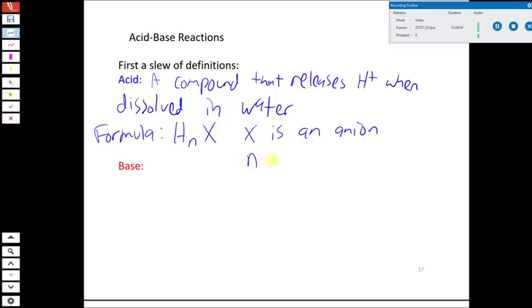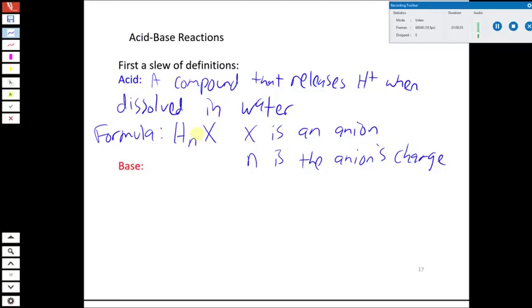And then n here is the anion's charge. So the acid is going to have however many hydrogens it needs to balance the charge of the anion. If it's a 1- anion, it would be paired with 1 hydrogen. If it's a 2- anion, it would be paired with 2 hydrogens, and so on, because remember, it's formally thought of as H+ in this situation. So it has some analogy to ionic compounds. So that's the formula of what an acid looks like.